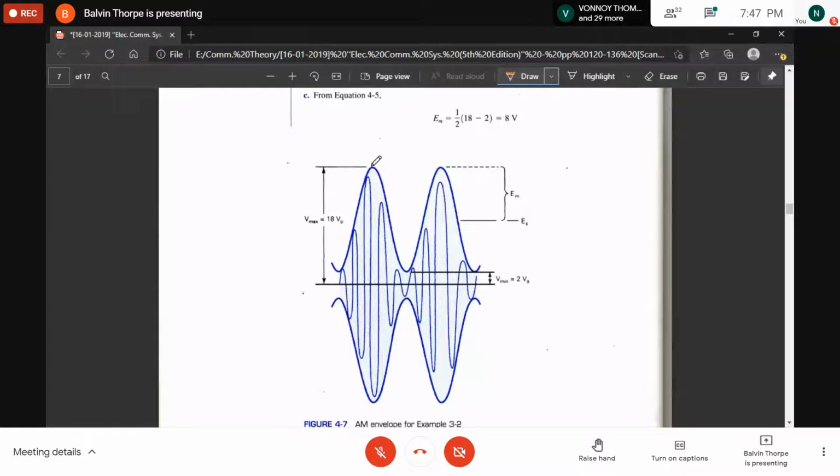So the peak amplitude right here would be EC plus EM. So this is the envelope now, right? EC plus EM right here.